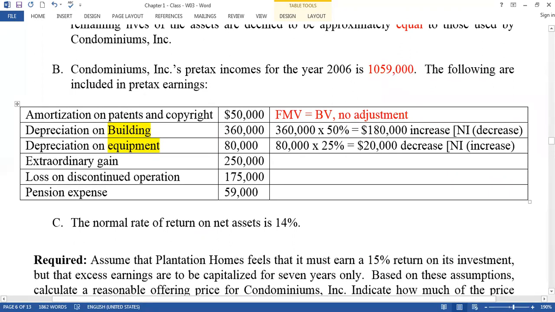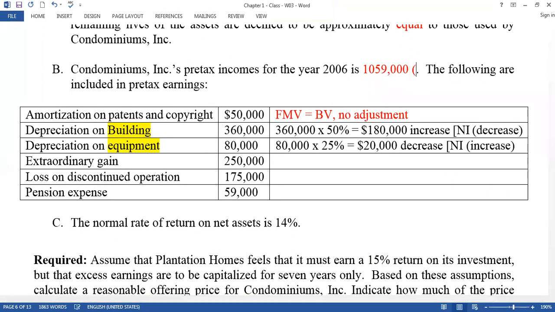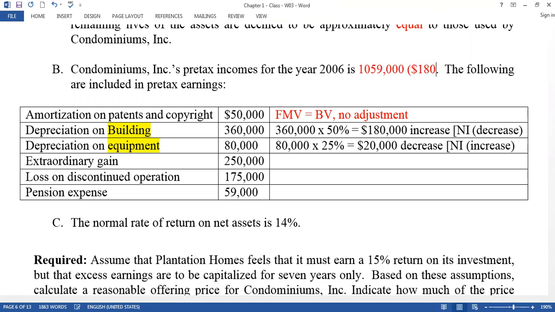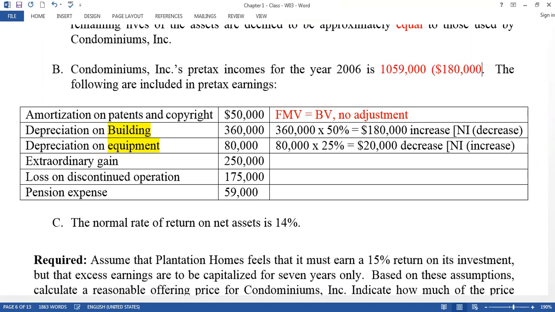So for this amount, one amount means $180,000. This is decrease, right? Or I can use this sign. So decrease 180, plus increase $20,000.